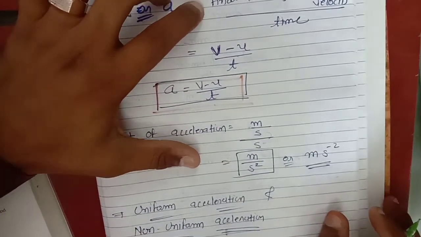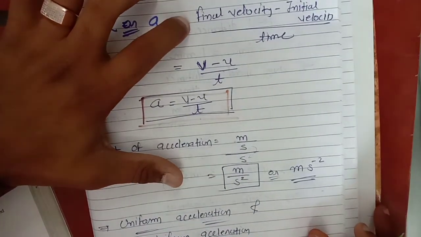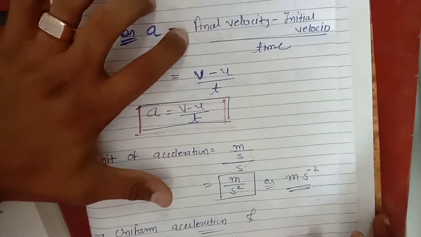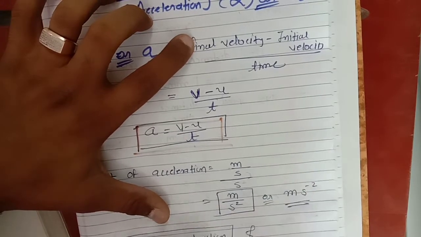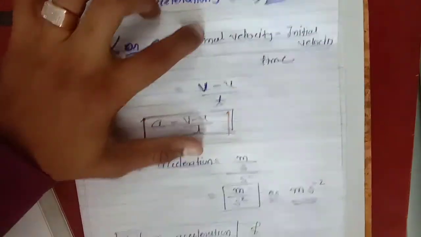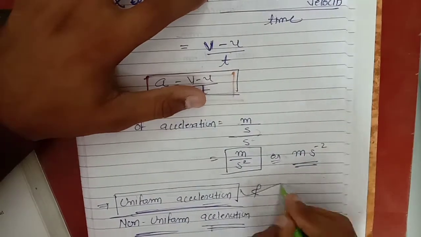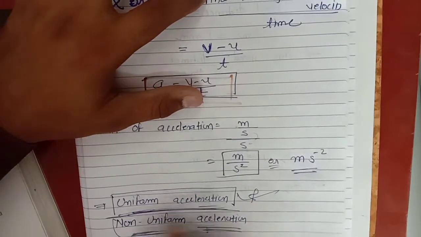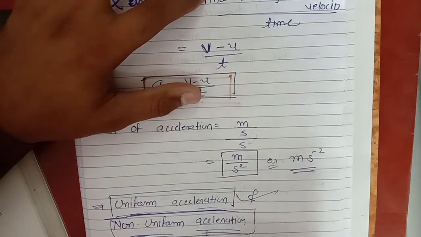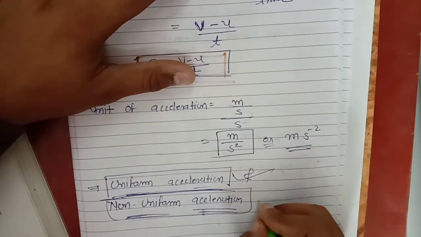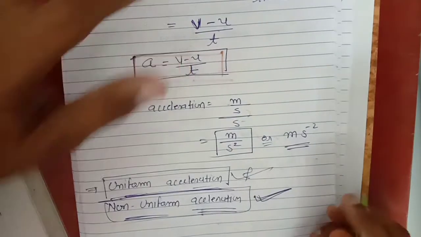So if an object travels with a uniform velocity, then we can say that the object also travels with what? Uniform acceleration. And if an object travels with non-uniform velocity, then we can easily say that the object travels with non-uniform acceleration.